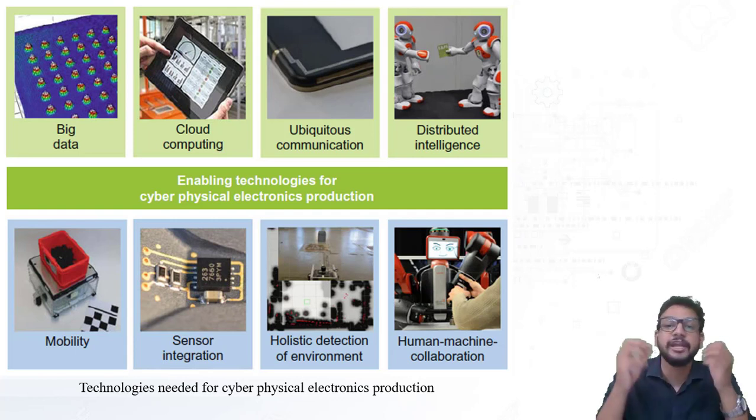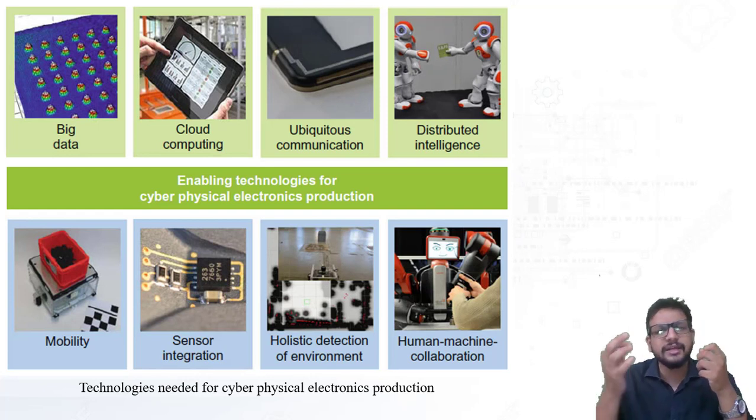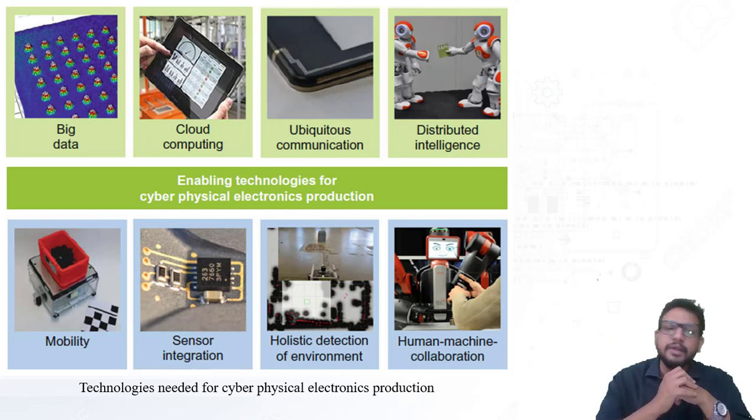Then distributed intelligence is required, which means that if we are using a robot, then machine learning or deep learning ability is possible by a robot, or we can say that it can use human intelligence. Then mobility, that is movement from one place to another, is required.